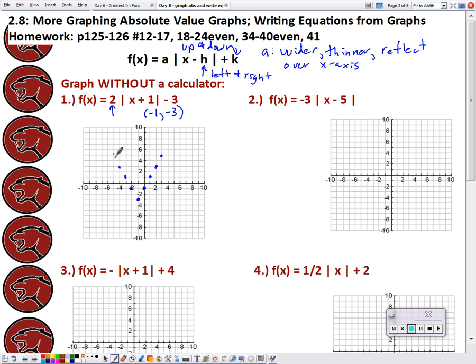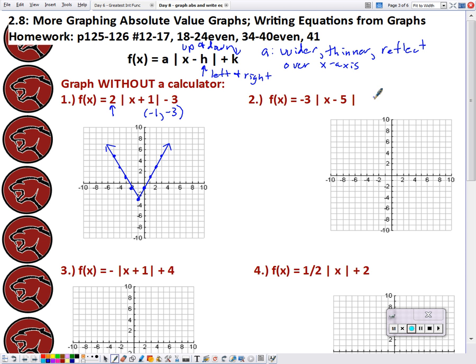So there we go. Grab our straight line tool. Everybody grab a straight edge. And there we go. Nice arrows. And that's number 1.